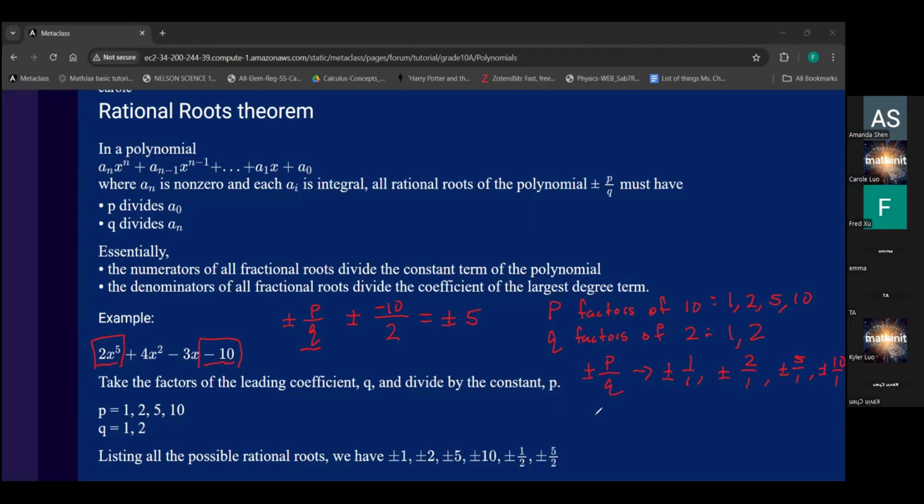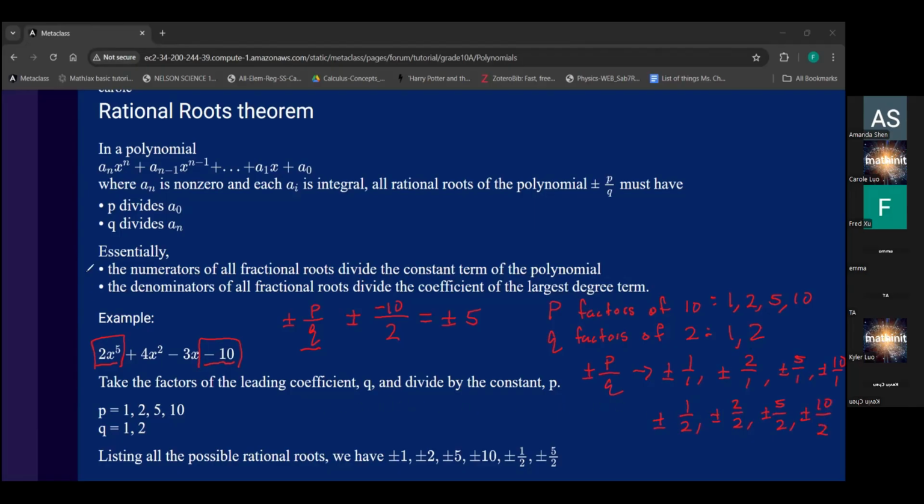And then when Q is equal to 2, it can be plus or minus 1 over 2, plus or minus 2 over 2, plus or minus 5 over 2, and plus or minus 10 over 2.